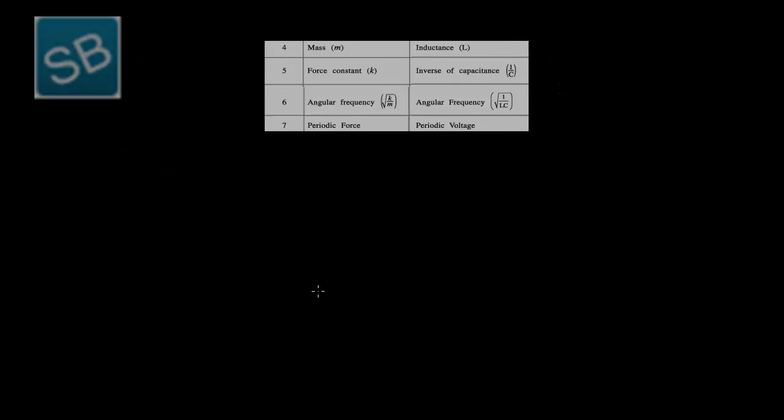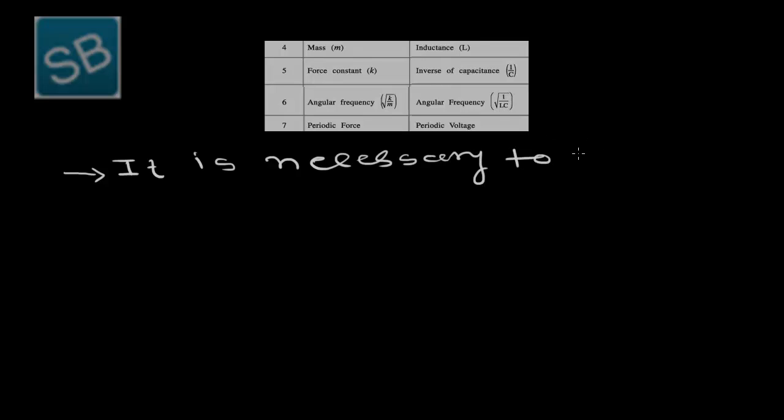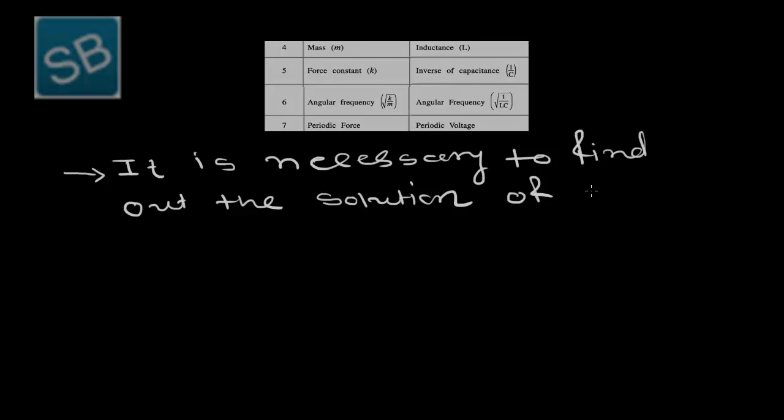And so now we have obtained this equation, so it is necessary to find the solution of such an equation.